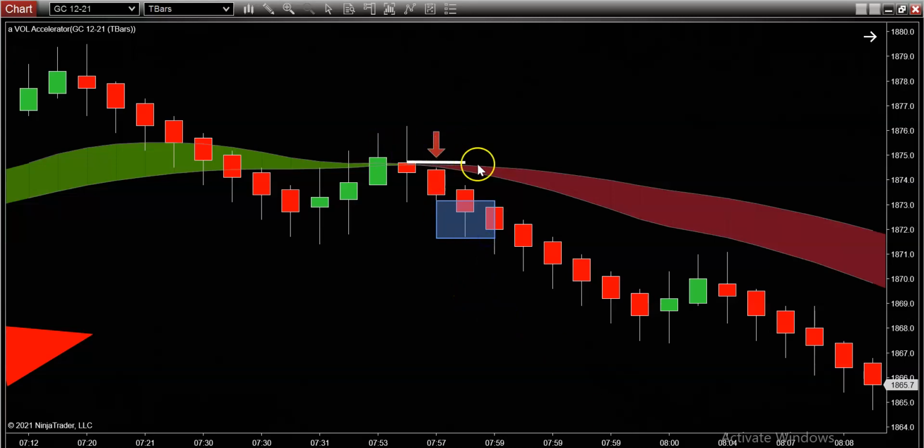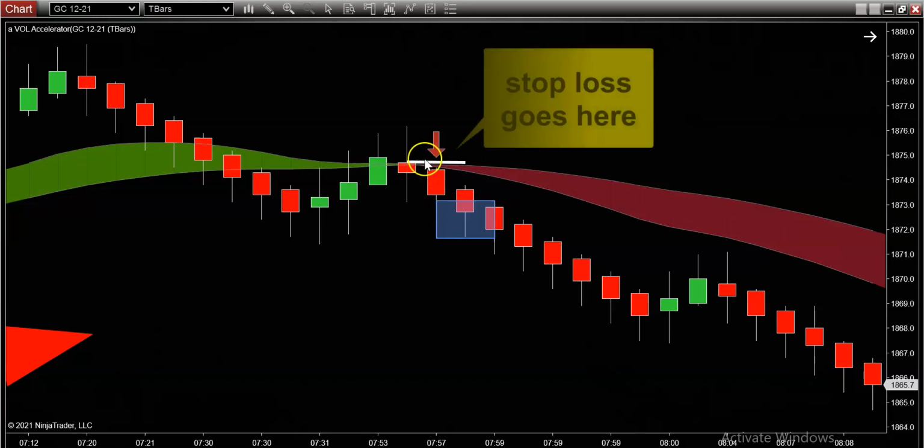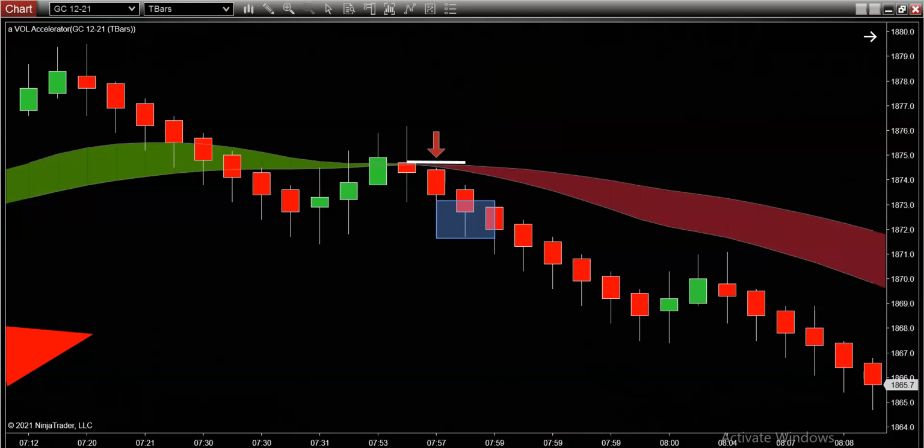Okay, and you see this white line that I just drew here on the high of the signal bar. All right, this white line is the appropriate, or what I would consider, logical area to place your stop loss. Okay, don't forget, guys, the stop losses are there for your protection. It's there to help you take the small loss as opposed to the big loss that so many of you guys have got caught on or flat-footed on, right?